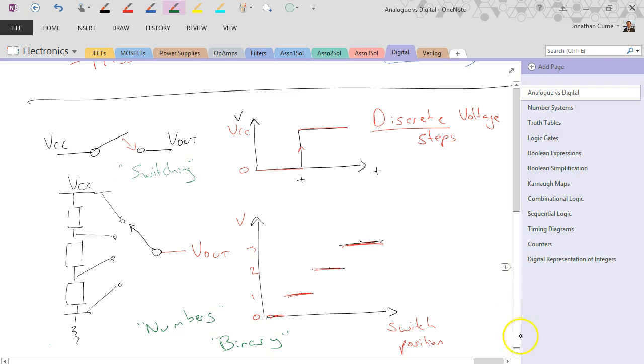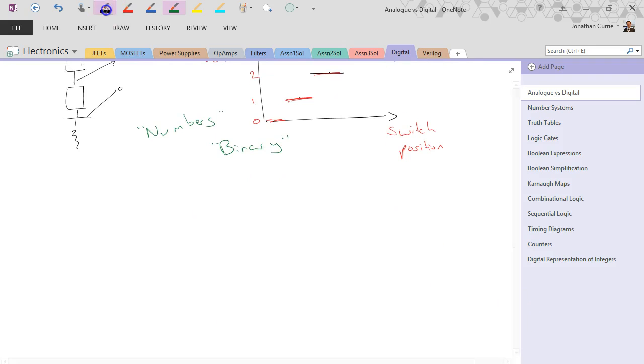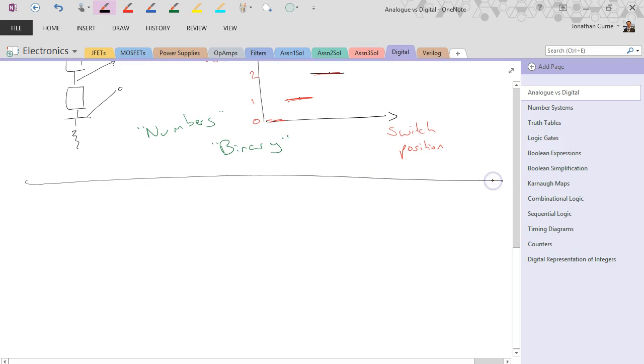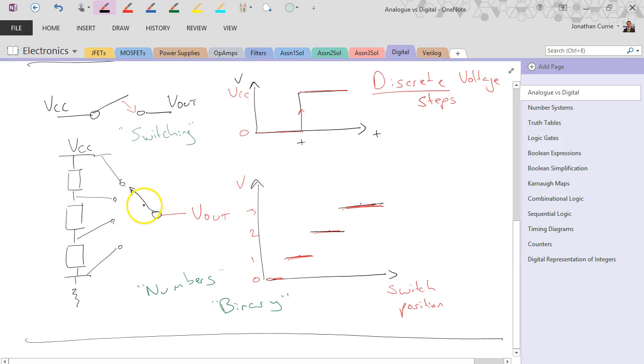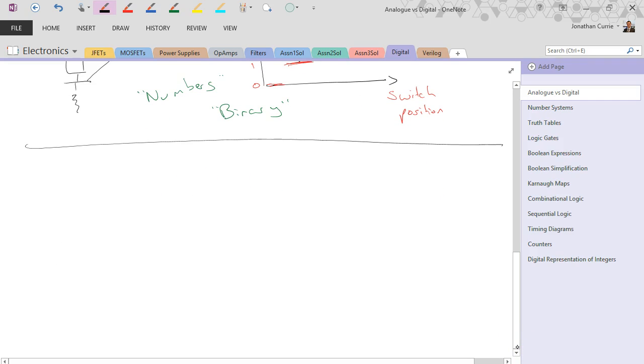When we look at representing digital values within a circuit, normally, although I've said this is digital up here, normally we're interested between 0 and 1. Those are our normal digital quantities. So the 0 state and the 1 state.